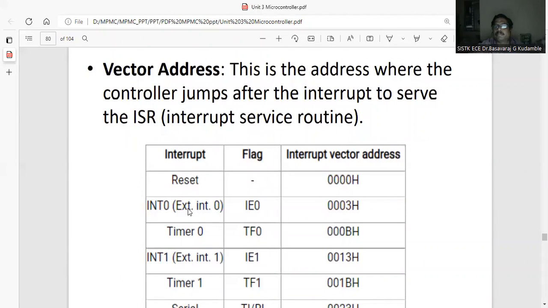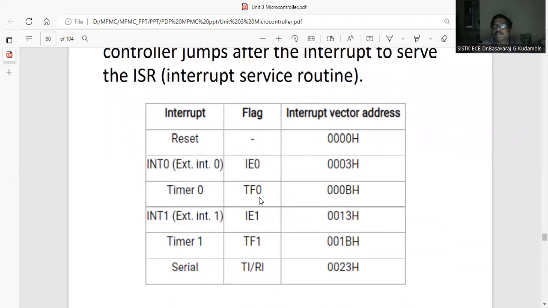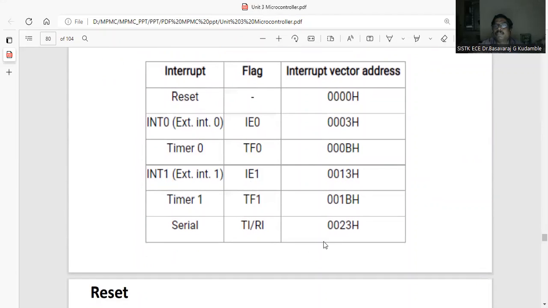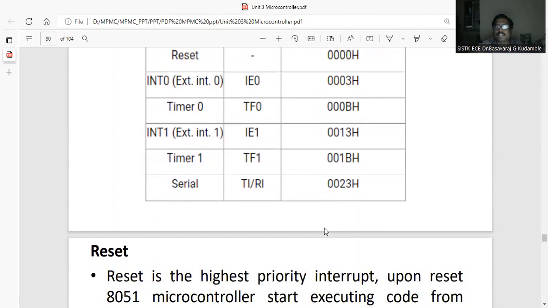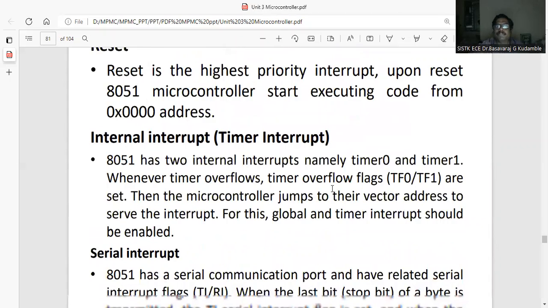When external interrupt INT0 occurs, it will go to 0003. Timer 0, it will go to 000B. External interrupt 1, it will go to 0013. Timer 1, it will go to 001B memory location. Serial, whether transmit or receive, when the interrupt is generated, it will go to 0023 memory location. These are all in hexadecimal.